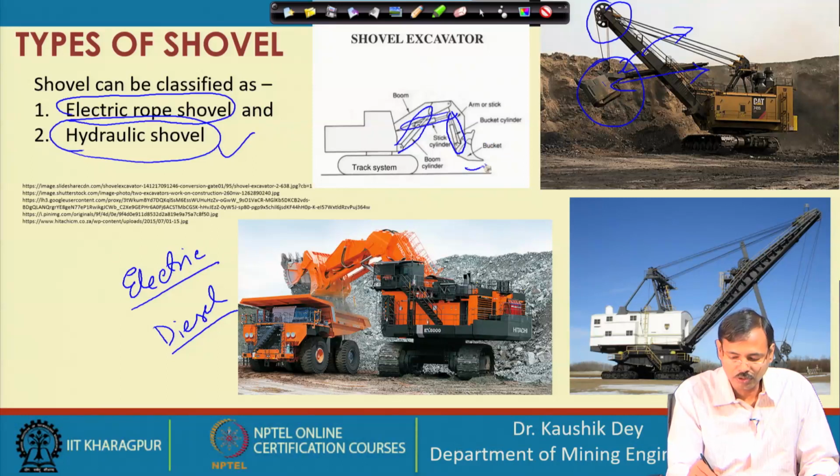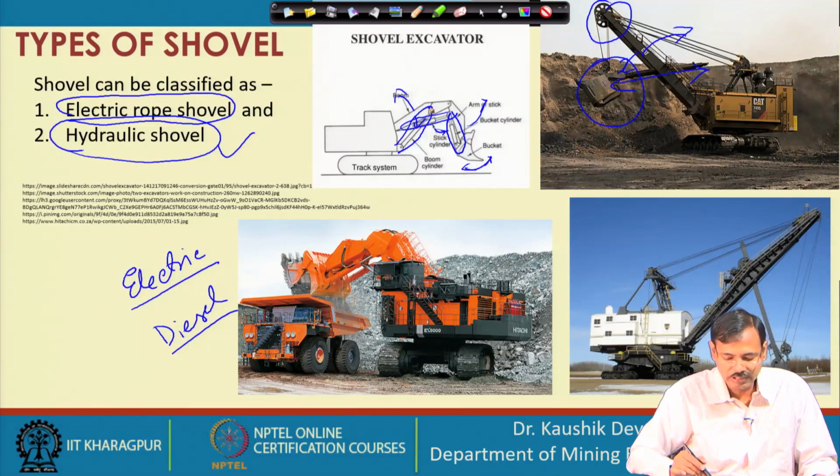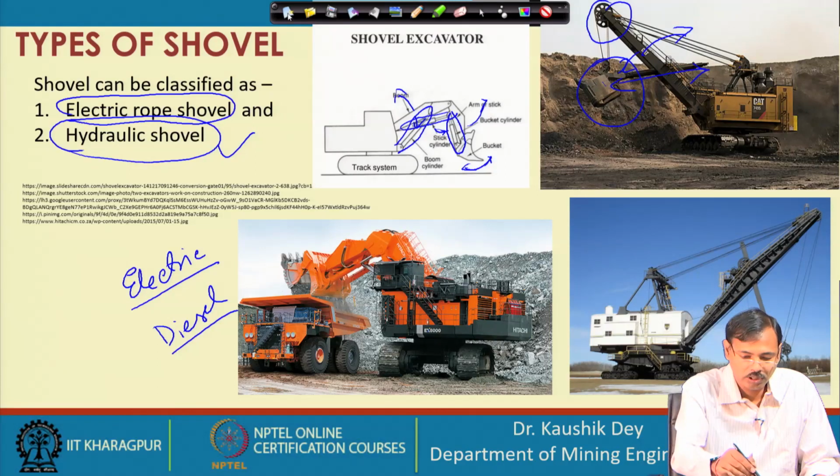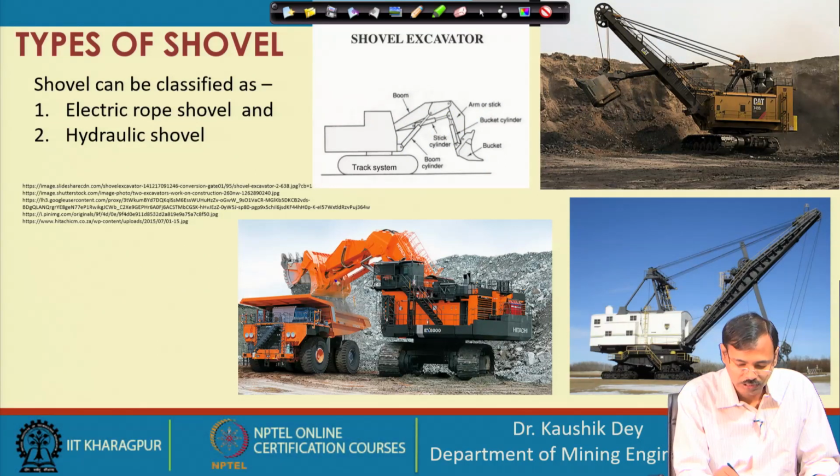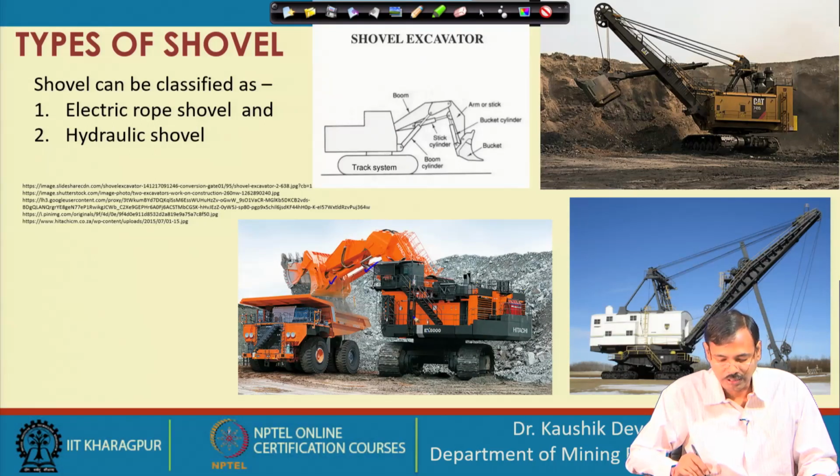The bucket cylinder is for rotation of the bucket, the stick cylinder is for rotation of the arm and the boom cylinder is for the rotation of the boom. In the actual photograph, you can see the bucket cylinder, the stick cylinder, and there is a boom cylinder you cannot see, which is at a lower part here.